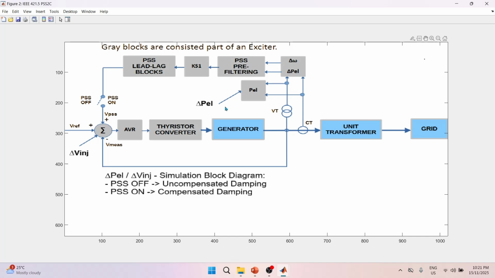Now, the target is to ascertain the natural or uncompensated damping and compensated damping with PSS on, which are correlated with the perturbation of the generator active power, P electrical. Accordingly, the transfer function is now simulated for the ratio of the perturbation of the delta P electrical and the perturbation of the delta V injection in the summing point of the AVR.